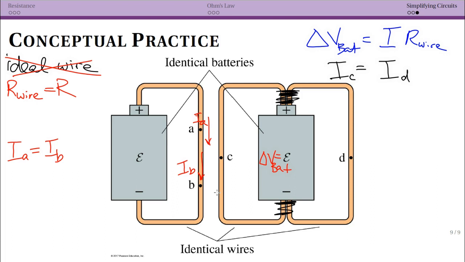Hopefully you see why. And we're also going to ignore that over here. So what we're then left with are 3 sections of wire. We have this section from there to there. We have this section here to here. We have this section here to there.